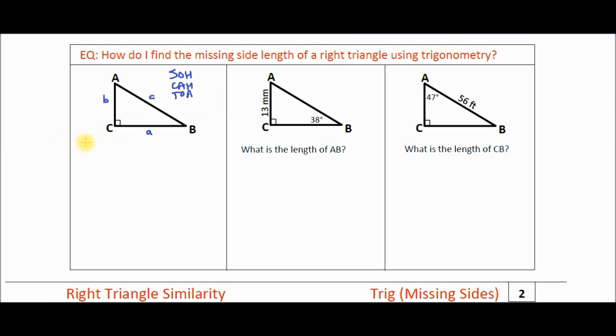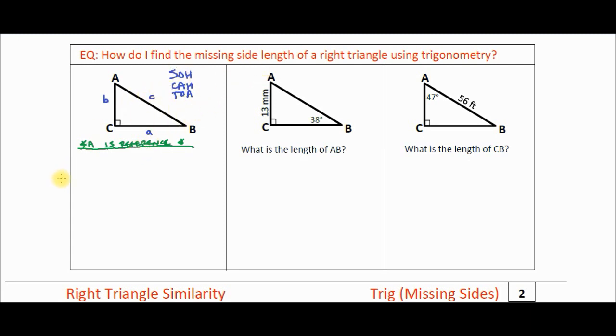Let's say that we decide to use angle A as our reference. Angle A is our reference angle. So let's look at all the ratios and how they set up with trigonometry.